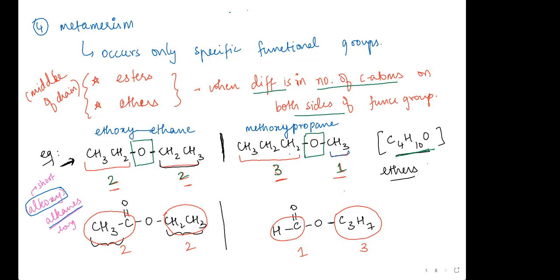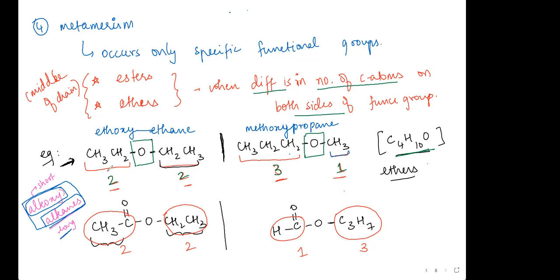Simple. So the name of an ether takes the form alkoxyalkane. Whichever is the longer chain remains as alkane. If you look at an ether, the carbon chains will be on either side of the oxygen, so count how many carbons are there.